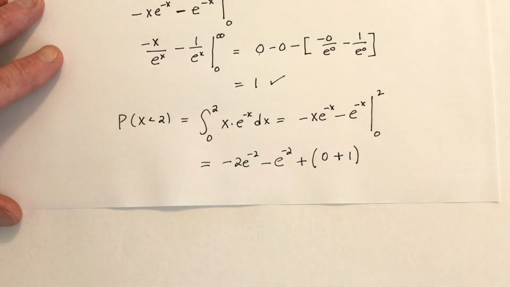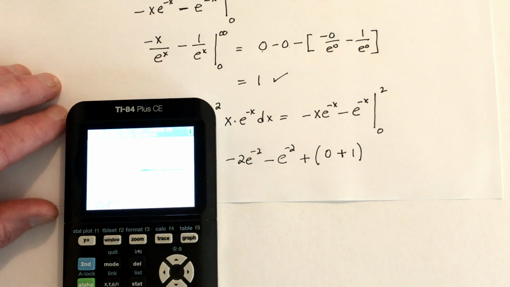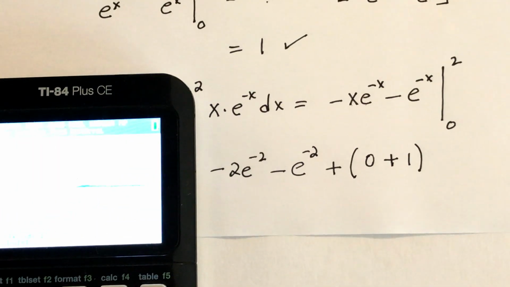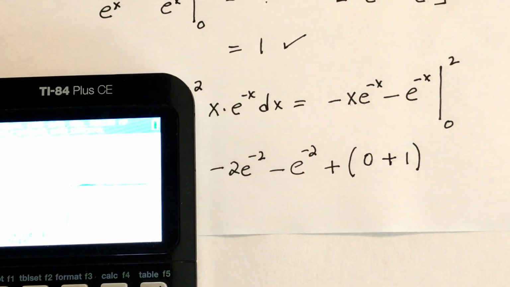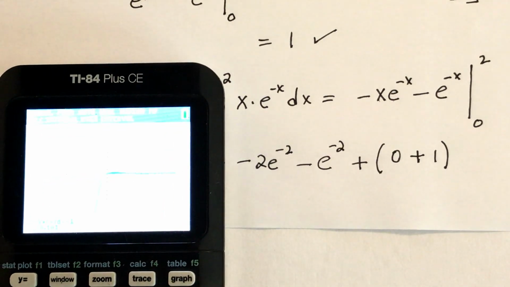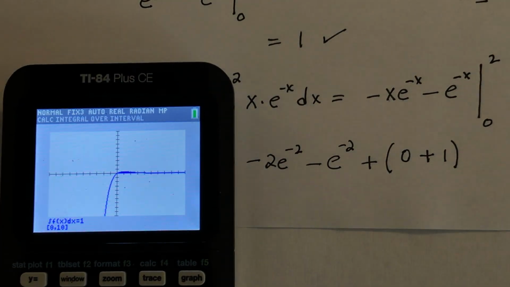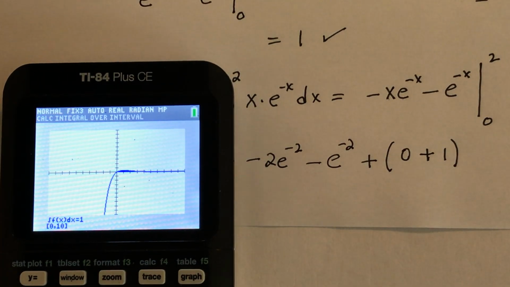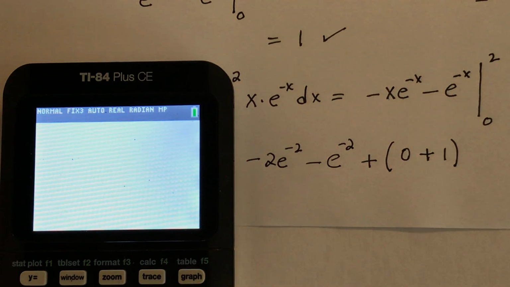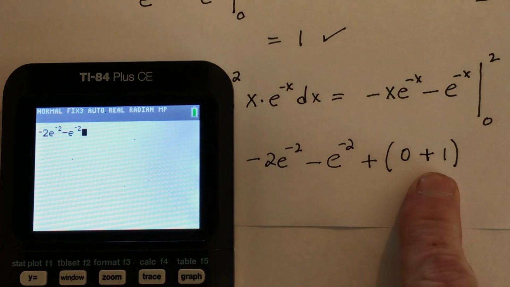And then let's see what the calculator says. So the calculator says we've got negative 2 and then e to negative 2 minus an e to a negative 2, and then there's the plus 1.